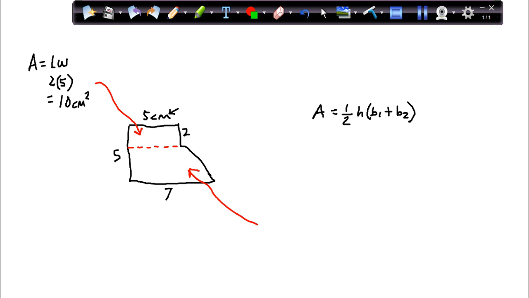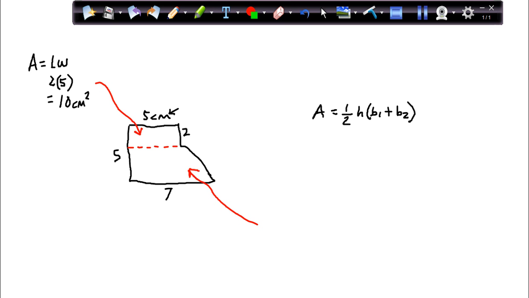And then we just plug in the values from the shape.